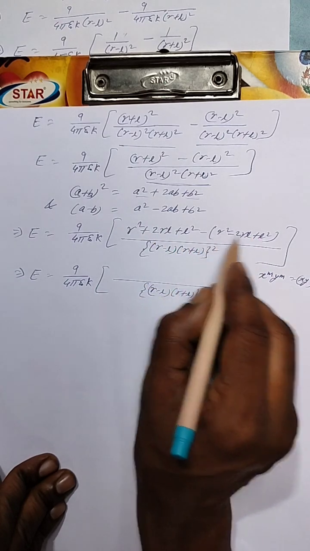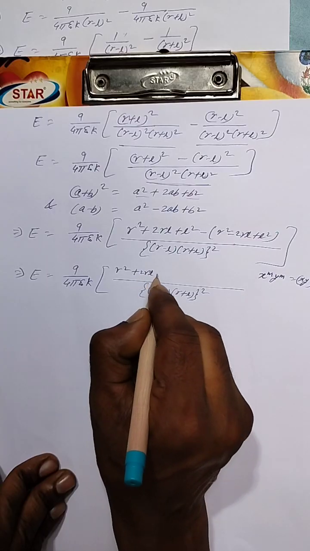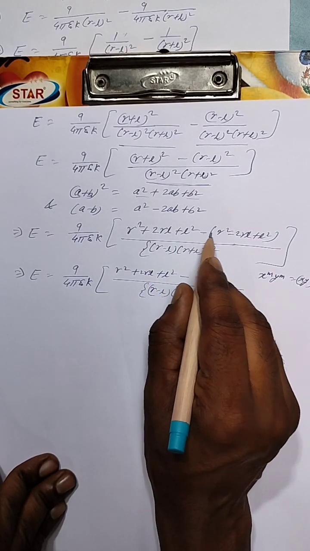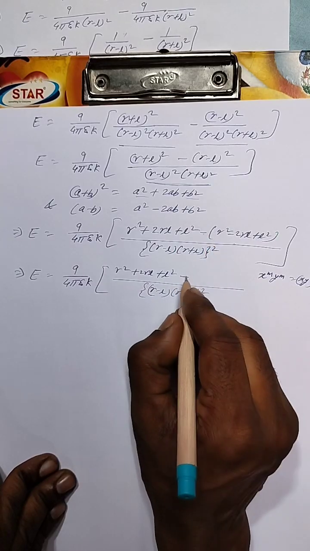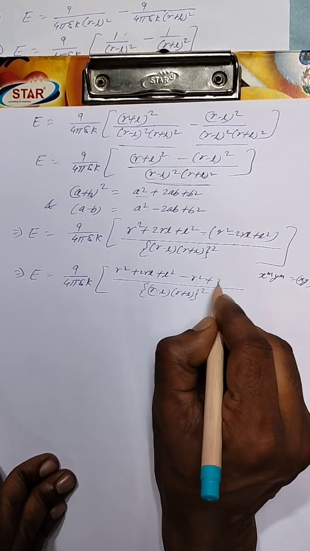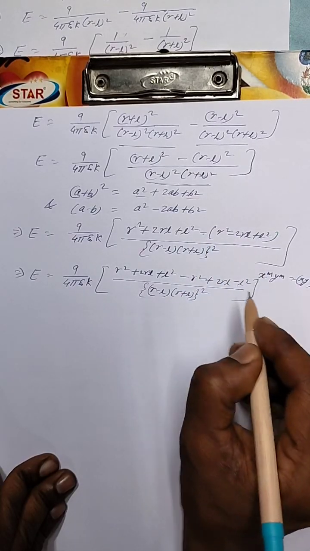Please solve this bracket. We get r square plus 2rl plus l square. This is plus, this is minus, plus minus minus: r square, minus minus will be plus 2rl, plus minus minus l square.